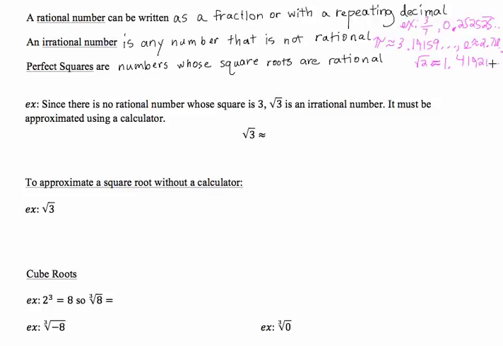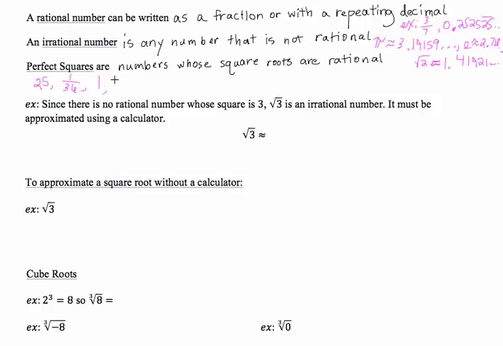Okay, perfect squares, this is another word you need to know. Those are numbers whose square roots are rational. So for example, 25 is a perfect square because its square root is 5, and 5 is a rational number. 1/36, that's a perfect square because its square root is 1/6, which is a fraction. 1 is a perfect square because its square root is 1, which is rational.